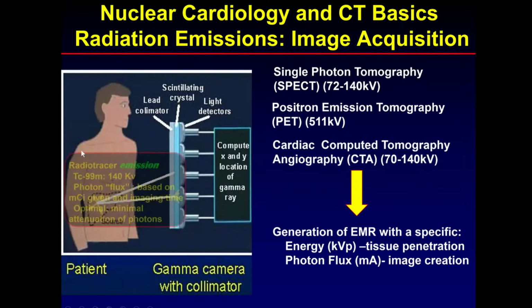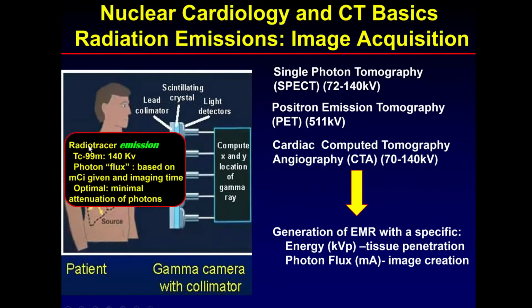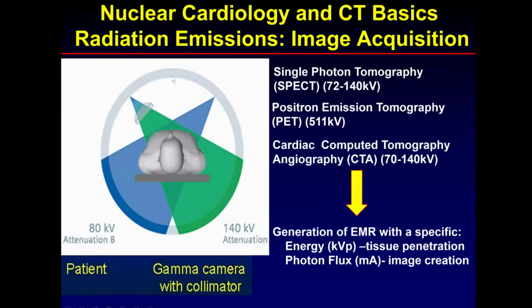And so with nuclear imaging, basically this is an emission scan, right? We're giving a radiotracer, it's being emitted in the body, and it's being collected by a scintillation gamma camera, okay? With CT, it's a transmission image, okay?